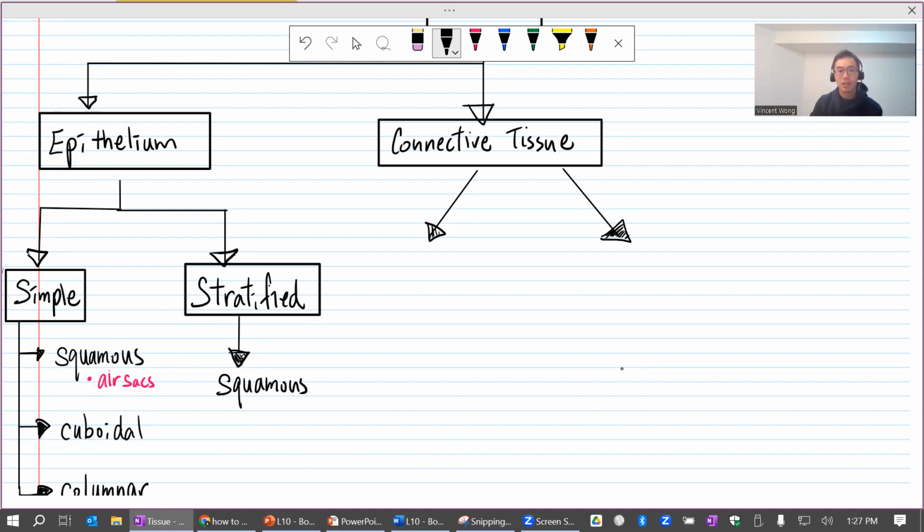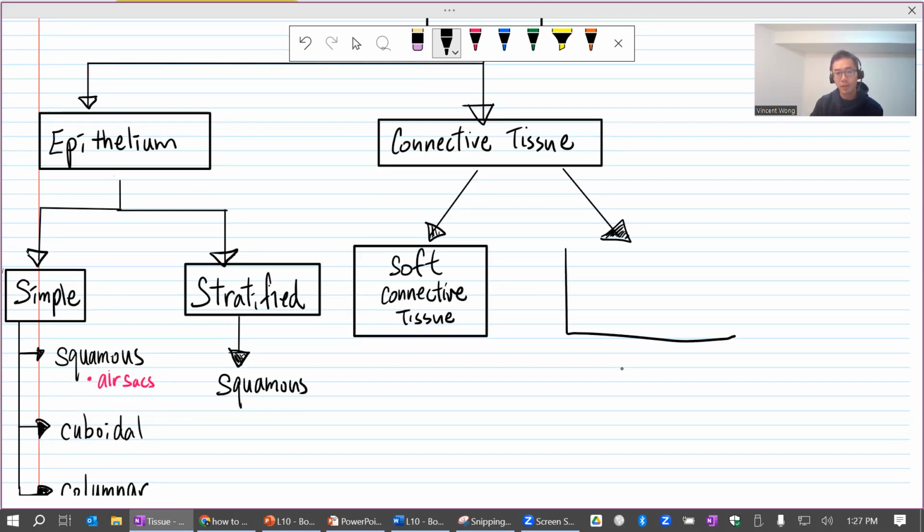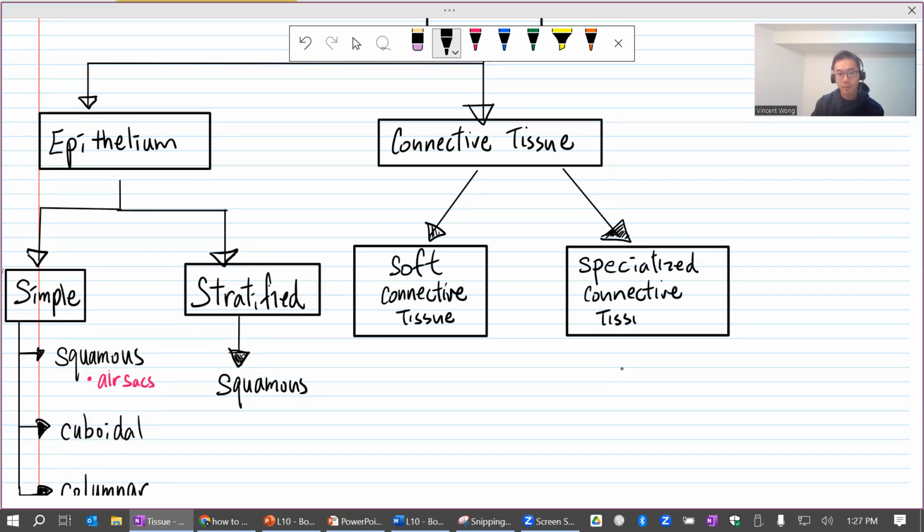We can have soft connective tissue. And as much as you want to say the opposite of soft is hard, it's not. The other category is specialized connective tissue.